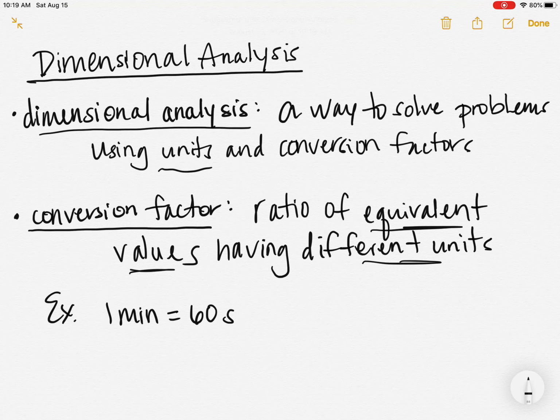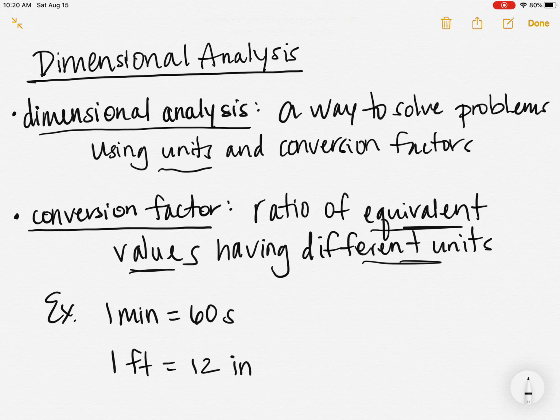So knowing that one, we could go on and make all kinds of conversion factors. Just a couple other examples. We'll get out of time for a minute. Something like 1 foot is equal to 12 inches, right? There's 12 inches in 1 foot. That's a conversion factor.